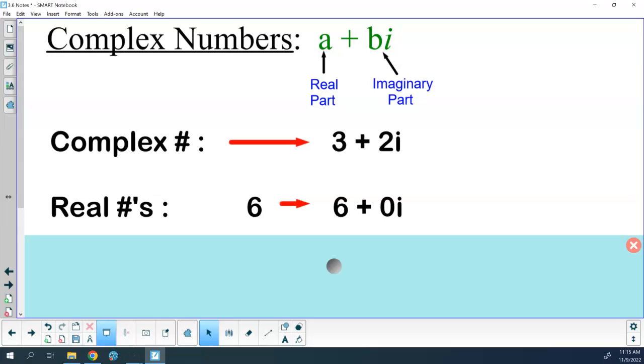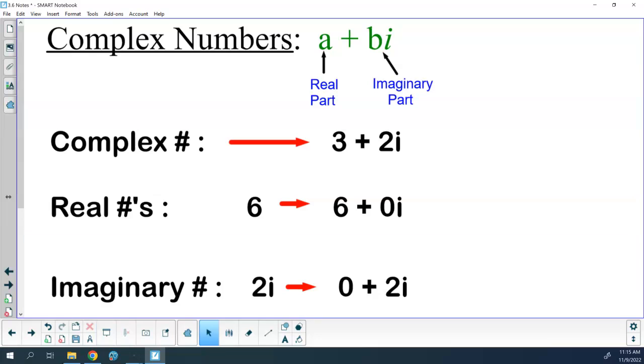And an imaginary number, like 2i, written in complex form, would be 0 plus 2i. Now, for us in this class, I just wanted you to know the difference between a real number, an imaginary number, and a complex number.